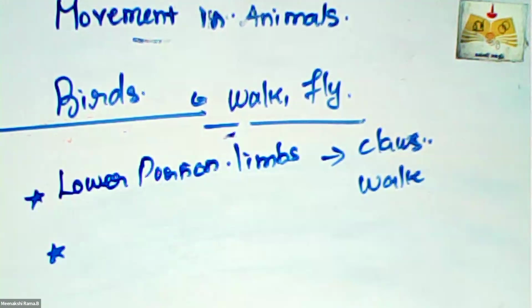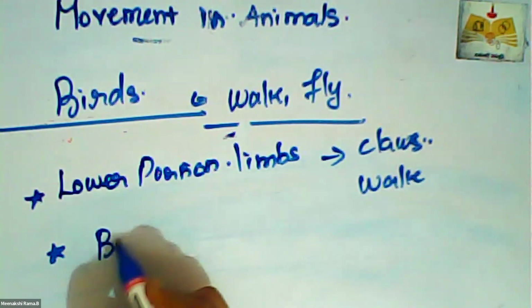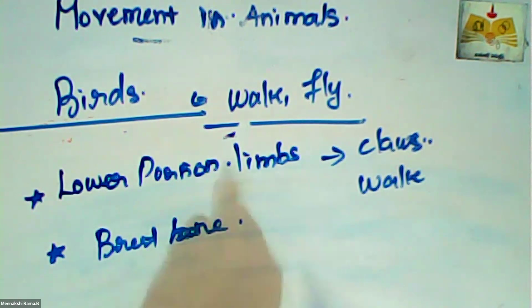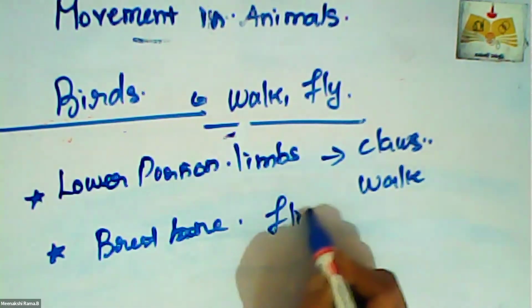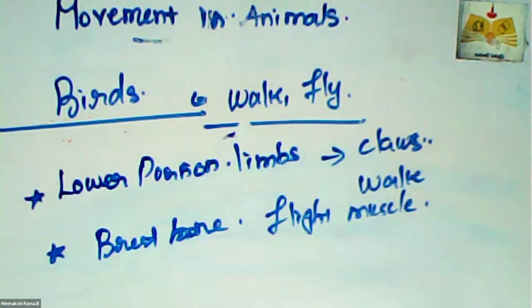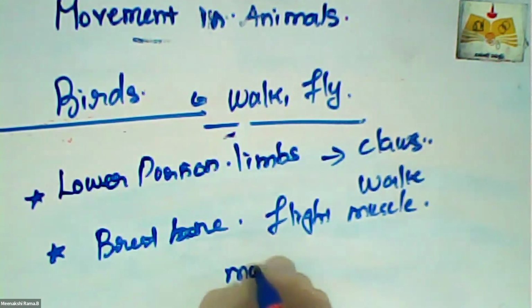The second special feature is that the breastbones are modified to hold the massive flight muscles. These muscles help the movement of the wings up and down.